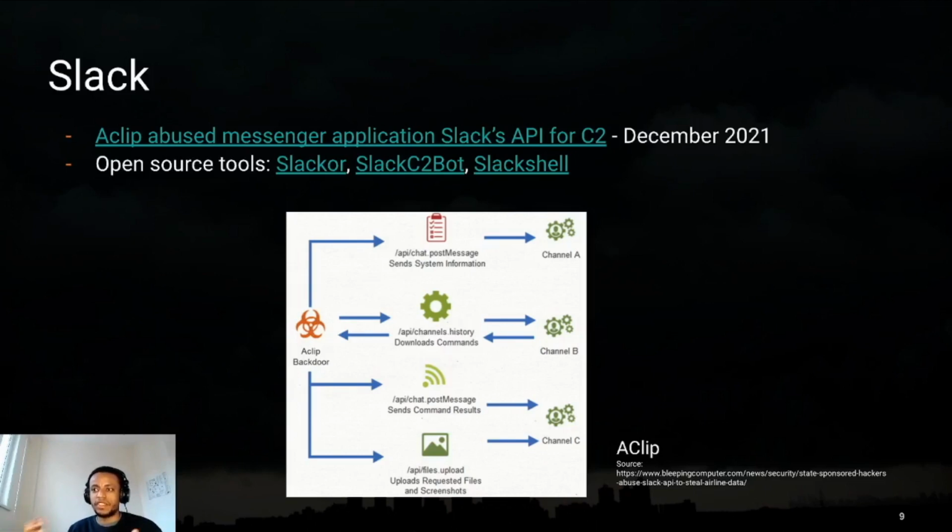But system information was sent through a different channel, right? So it was using features native to the cloud application. Slack is a popular workspace collaboration application that has different channels for different topics people want to talk about, and the malware sample was leveraging this flexibility to send data back and forth and blend into normal traffic.